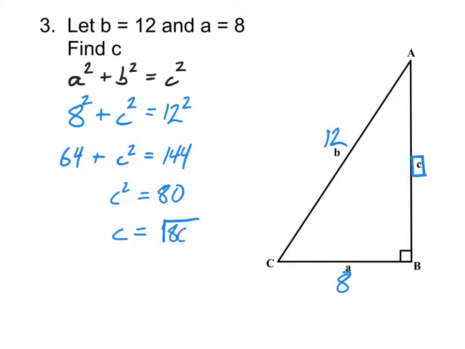Now, throughout the year, I've been drilling into your head, whenever we take the square root of both sides of an equation, we must include the plus or minus. And yet we don't have to here. Just when I get to where you actually remember it, right? Why don't we need it here? Well, what does c represent? This c represents a side length.